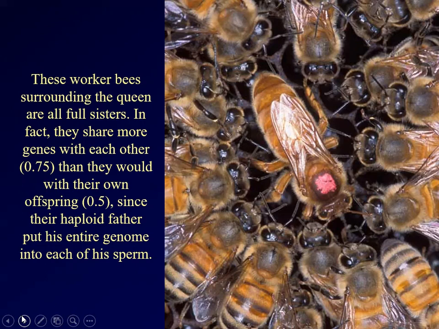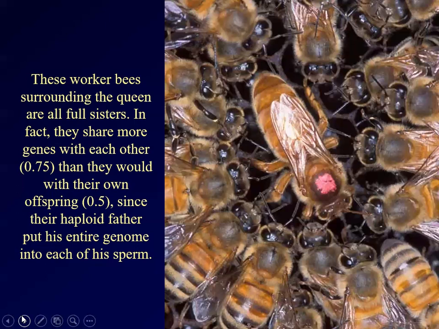Now, the queen is producing eggs by meiosis, which means that for any given gene, there's a 50-50 chance that one worker shares it with the queen, and a 50-50 chance that the queen passed the same gene on to another worker, which means that any 2 workers share 25% on average of their genes through descent from the queen. Yes? Right?